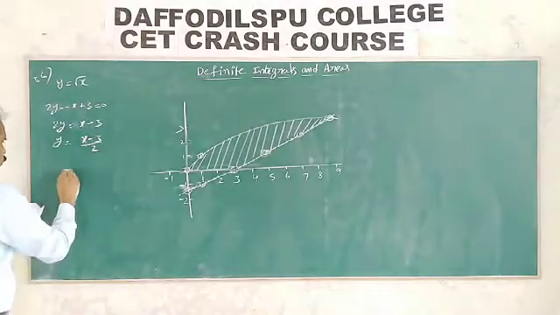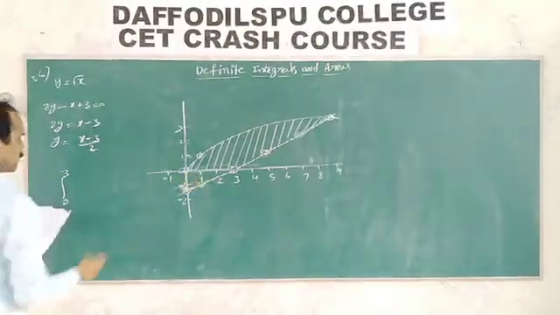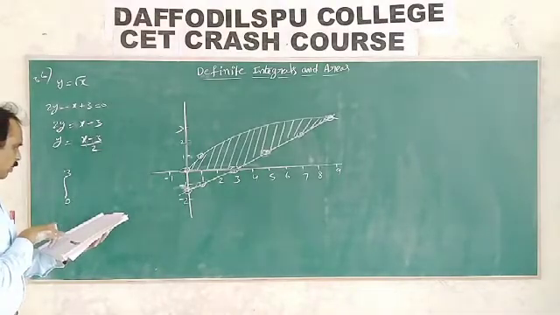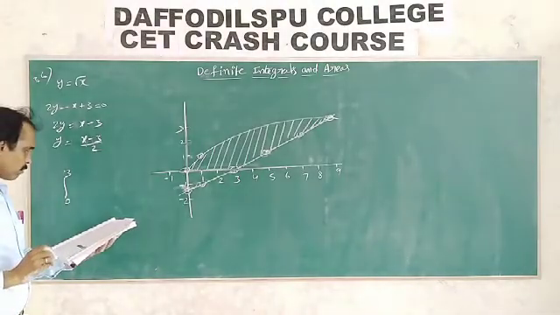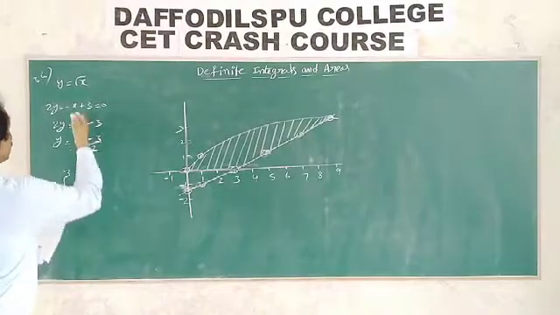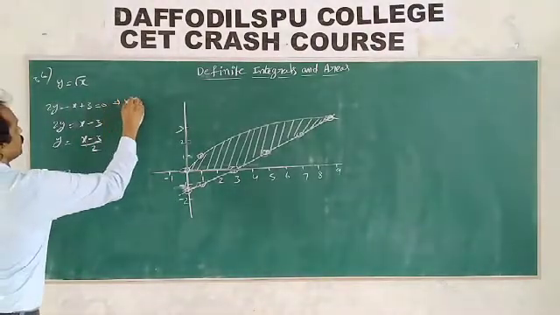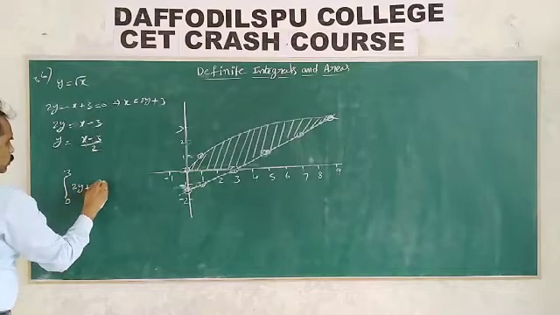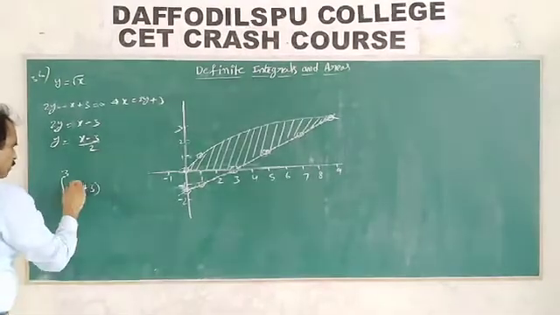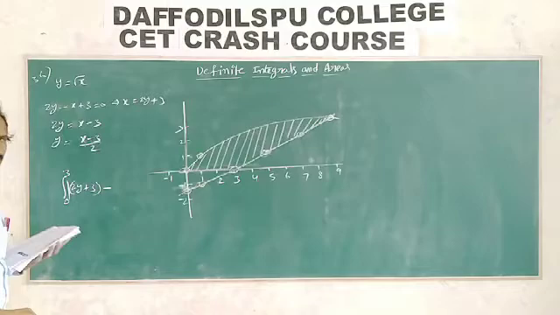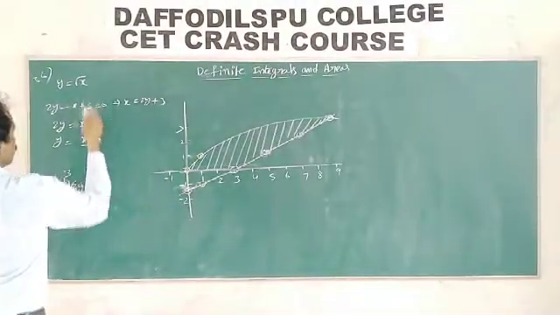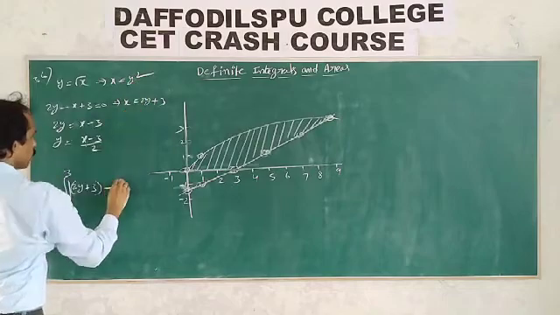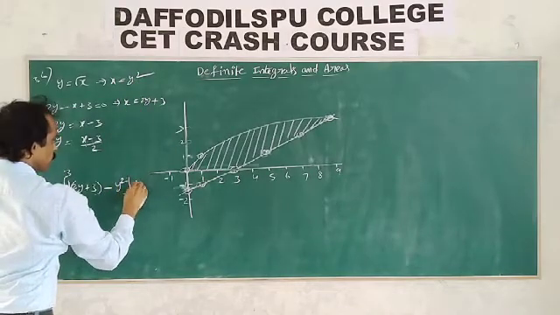So therefore from 0 to 3, this line area. What is this line? x is equal to 2y plus 3. If we want the area with respect to y, we integrate x dy. Minus this term: x is equal to y square, therefore y square dy.